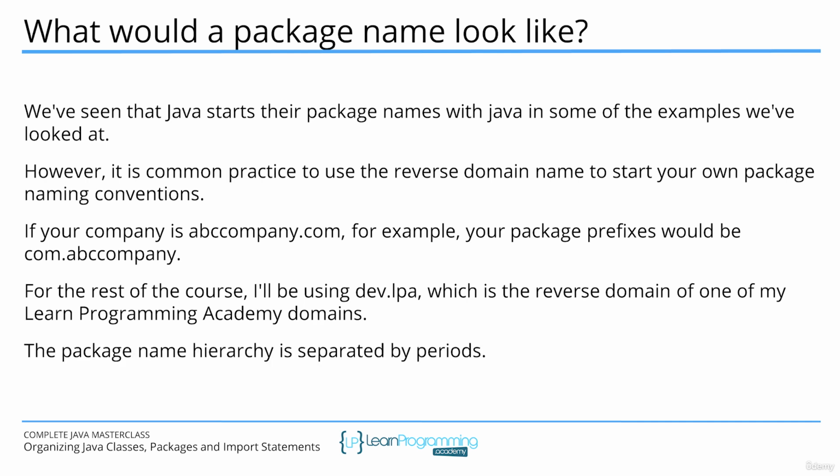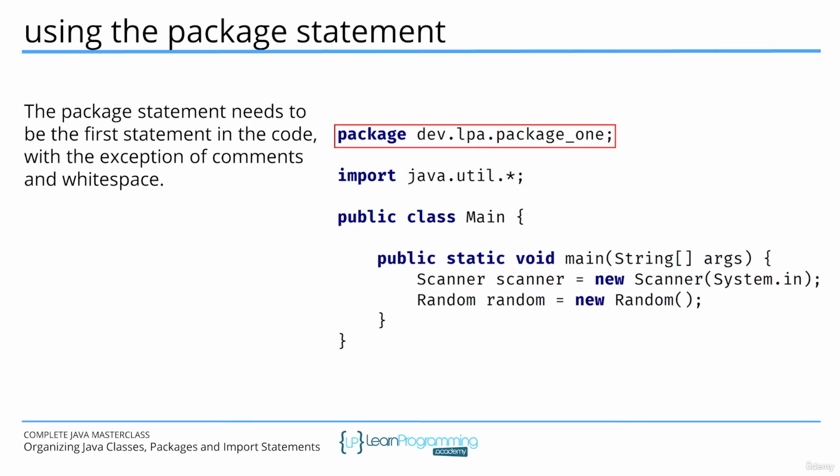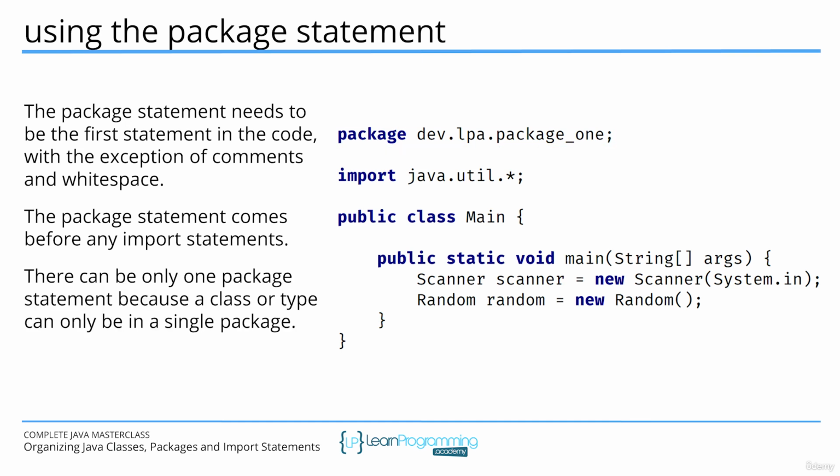The package name hierarchy is separated by periods. The package statement needs to be the first statement in the code, with the exception of comments and whitespace. The package statement comes before any import statements. There can be only one package statement because a class or type can only be in a single package.